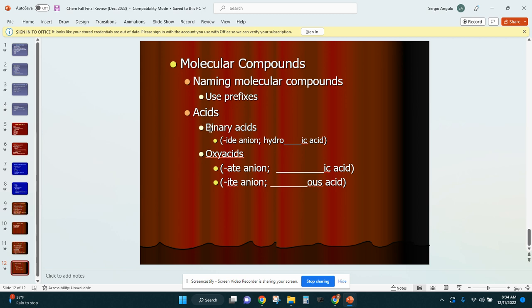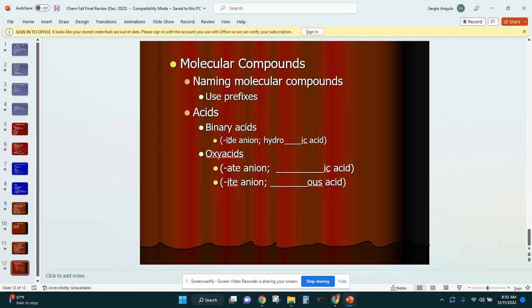Binary acids usually are hydrogen and some type of ion that ends in IDE. Just about all of the anions that end in IDE are monoatomic anions. They're made up of one atom, found on the right side of the periodic table in columns 15, 16, and 17.